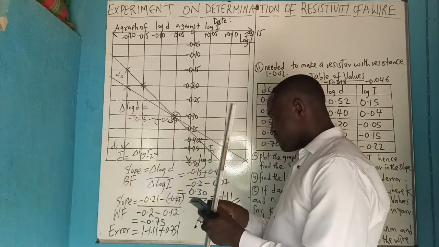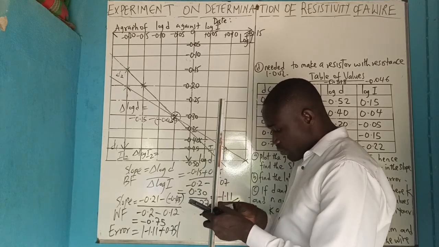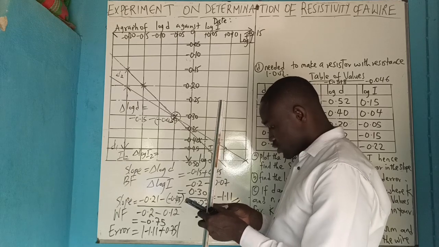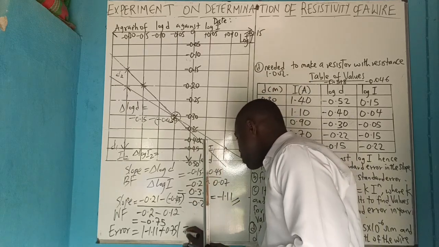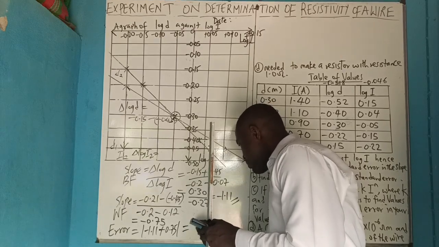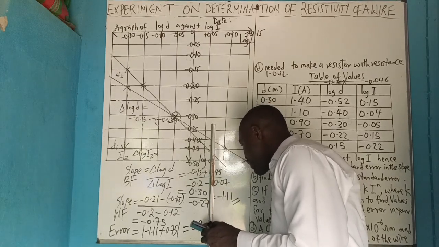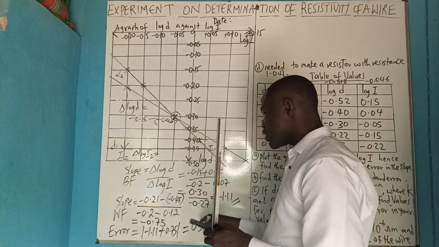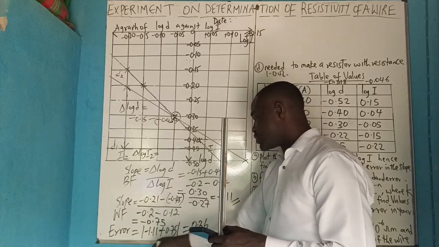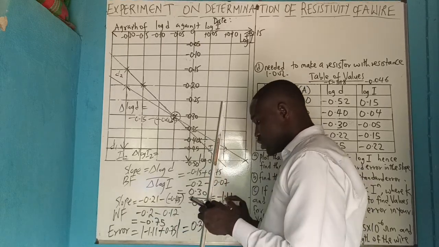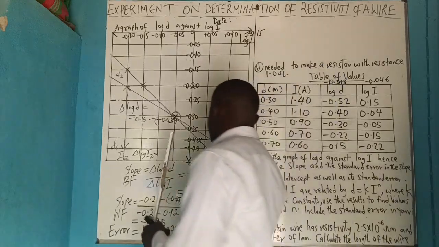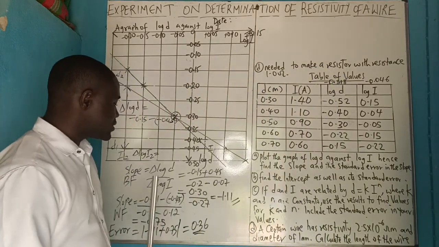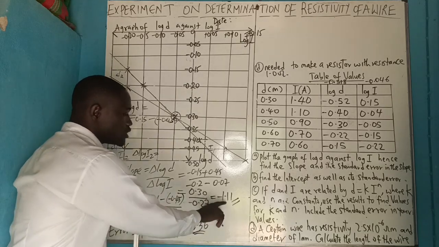So you have minus 1.11 plus 0.75. That will be giving you 0.36. That is minus 0.36, but this modulus will take care of the minus, 0.36. That means that our error in this slope is this.